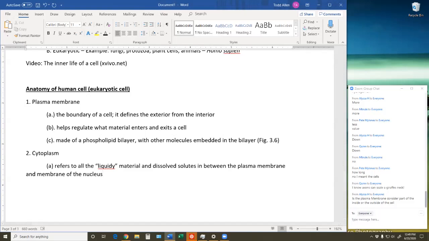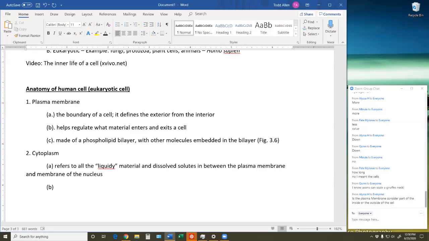Okay, so obviously there is an abundance of water, but it's not just plain water, it's water with a bunch of solutes dissolved in it. Sugars, hormones, amino acids, fatty acids, all kinds of material floating around in the cytoplasm. Even though there's a tremendous amount of water that makes up the solvent of the cytoplasm, that water does not behave like water in a glass jar in front of you that you might drink.